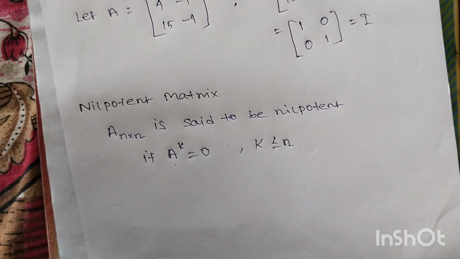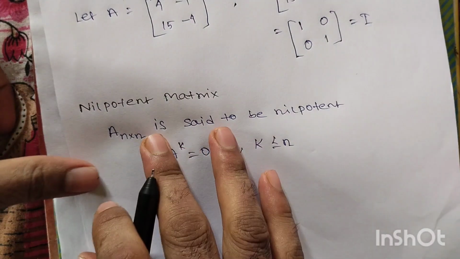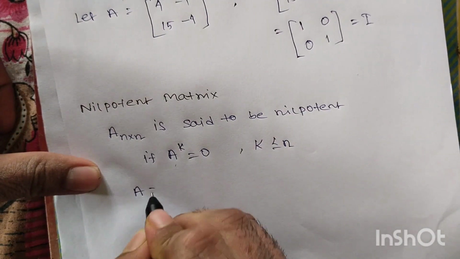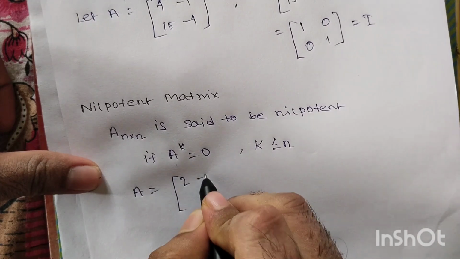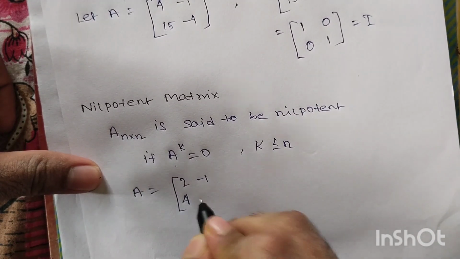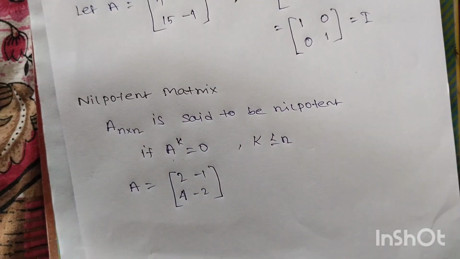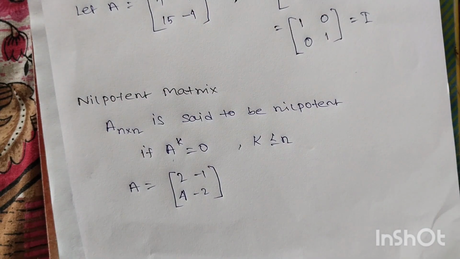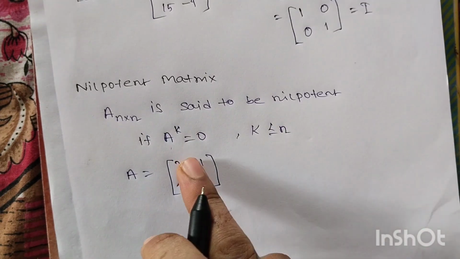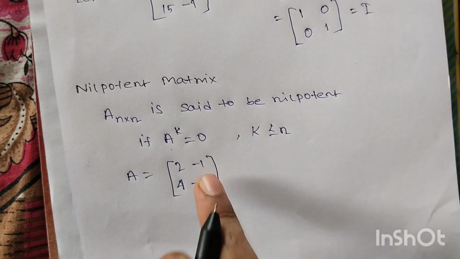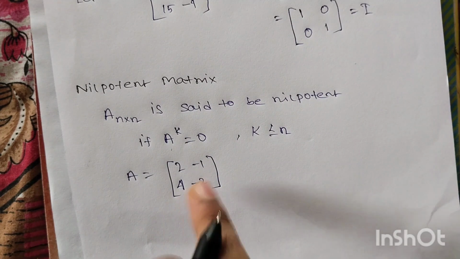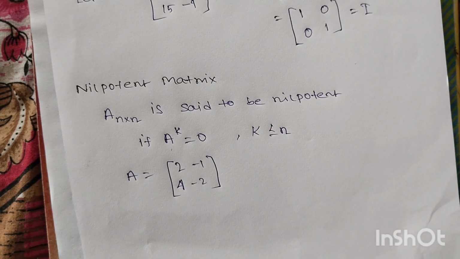Now take an example. A is equal to 2 minus 1, 4 minus 2. That means we want to find the power k such that A to the power k should be 0.